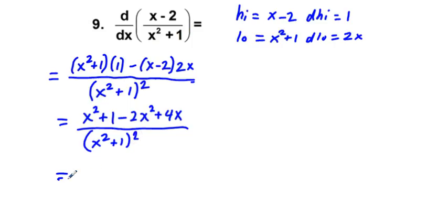In the final simplification, we have x squared minus 2x squared. That's going to be negative x squared. And then we have plus 4x. That's the only x term we have. And then the last thing we have is 1, so plus 1, all over this quantity x squared plus 1 squared.